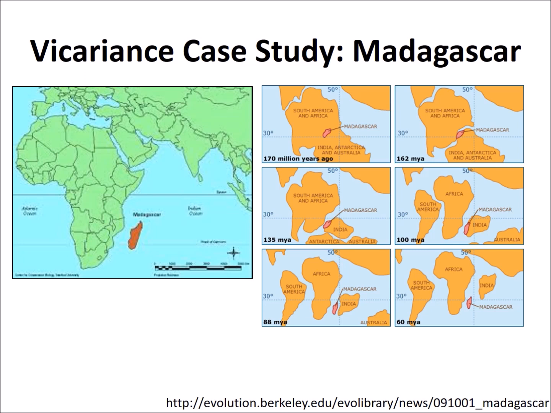So these land masses were attached 100 million years ago and then started moving apart with the movement of the Earth's crustal plates. So in Madagascar, many of its older species lineages share ancestors with species found in India. And these species evolved following a vicarious event, so when the land masses were split. Its younger lineages share ancestors with species found in Africa, and these species arrived in Madagascar by dispersal.